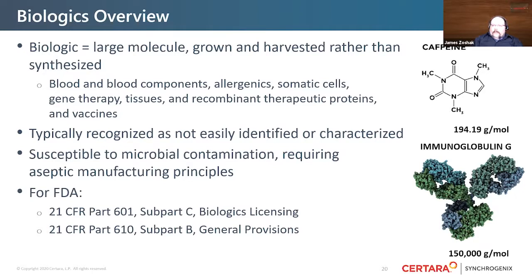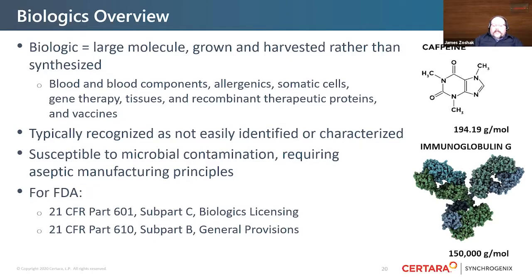They are, in common parlance, grown and harvested rather than synthesized. The term is most commonly used to refer to recombinant therapeutic proteins, but it also applies to blood cells, tissues, gene therapies, and vaccines, as my colleague Rob will be discussing later. They are typically recognized as not being easily identified or characterized.